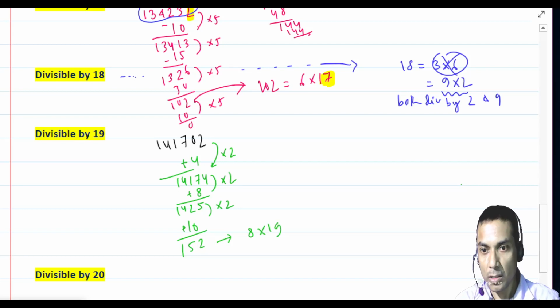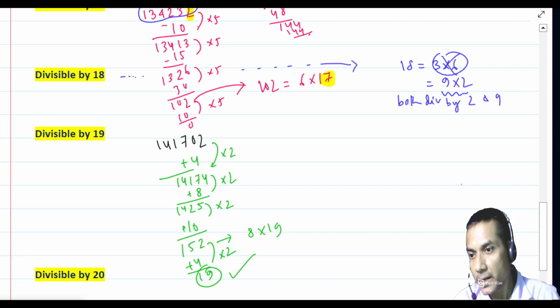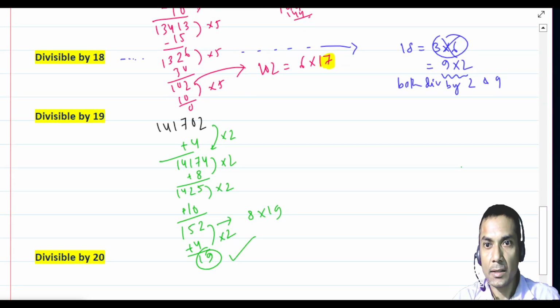Or if you are not comfortable, bring it down to a 2-digit number: 2 times 2 is 4, add again, you get 19. So 19 is divisible by 19, and you can say that this given number is divisible by 19. Clear?